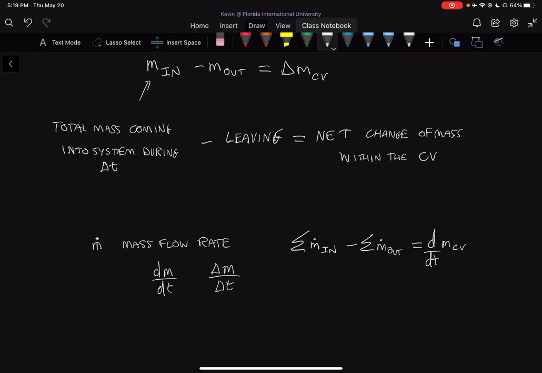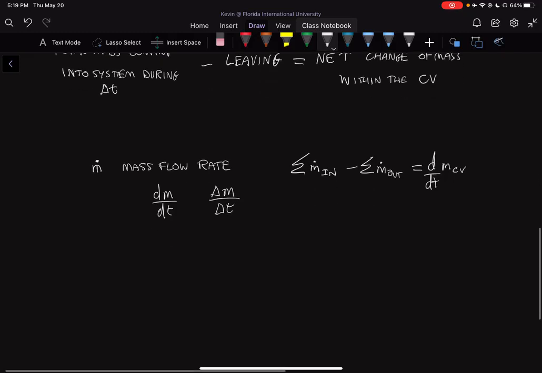Now, in this module, we're going to study 2 different cases. And the 2 different cases are steady flow and transient flow.